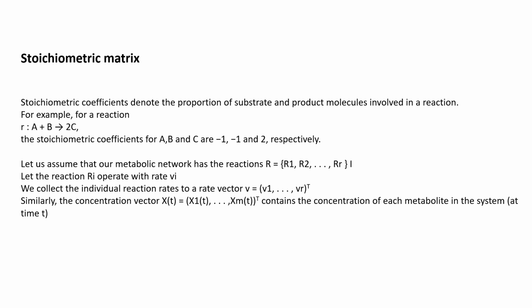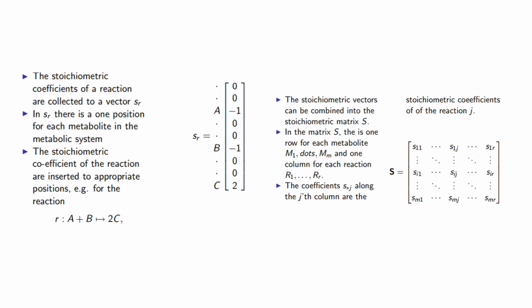So you'll have the rates of those reactions as a column vector, which is denoted by this V vector here. Similarly, the concentration vector will be a column vector consisting of the concentrations of each metabolite in that system at time t. We'll see how these are represented.